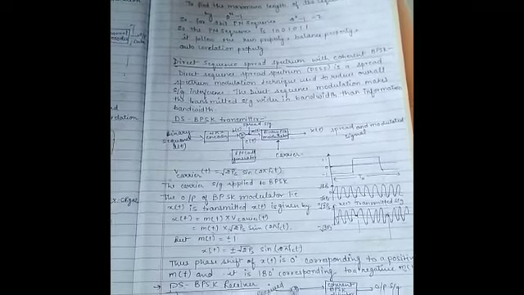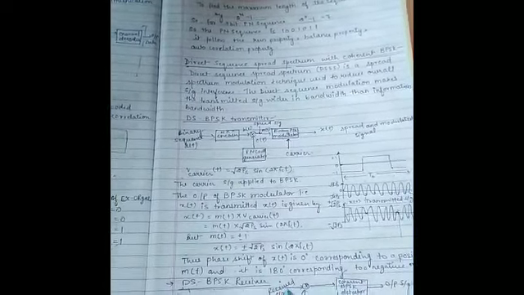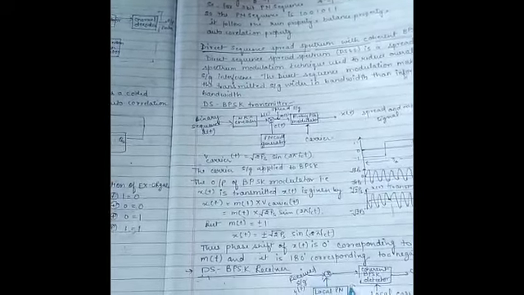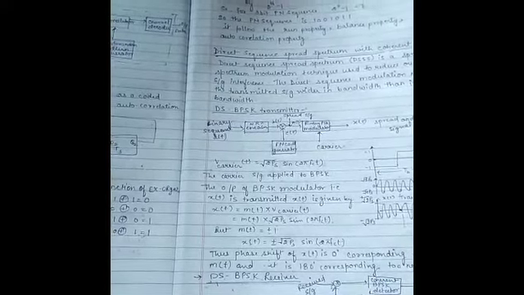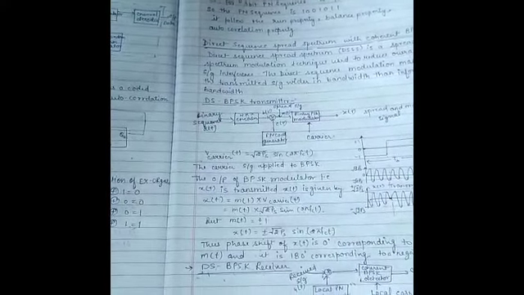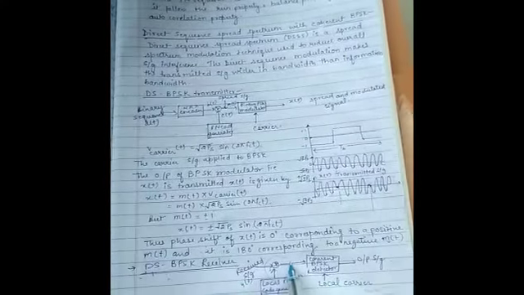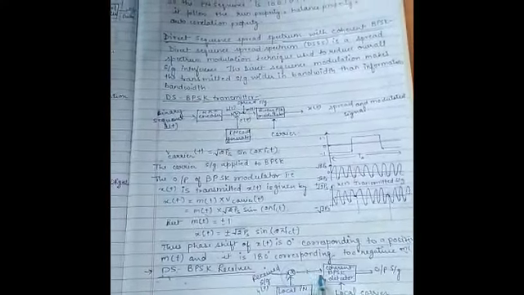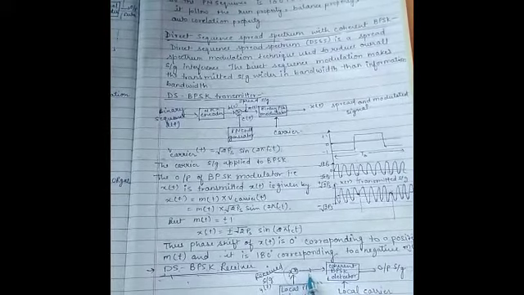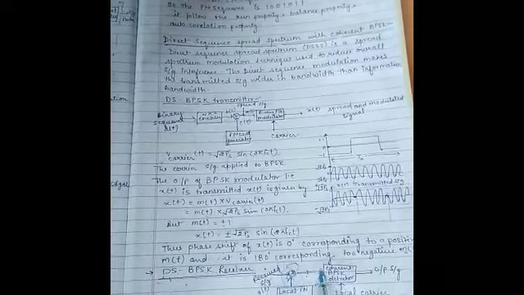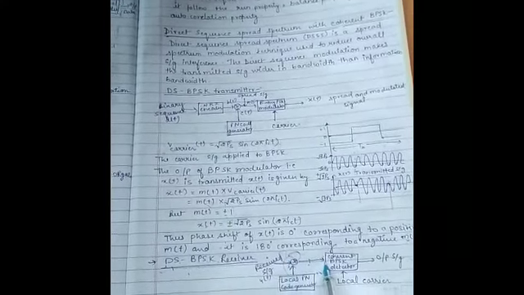At the receiver, the received signal y(t) and the locally generated replica of the PN sequence are applied to the multiplier. This is the first stage of multiplication. The multiplier performs the de-spreading operation.